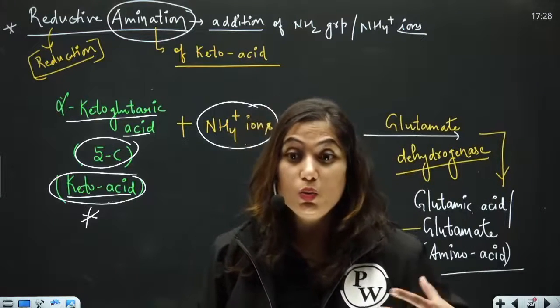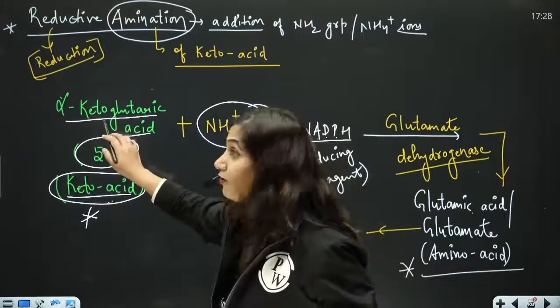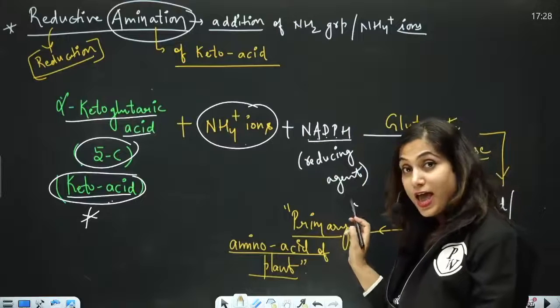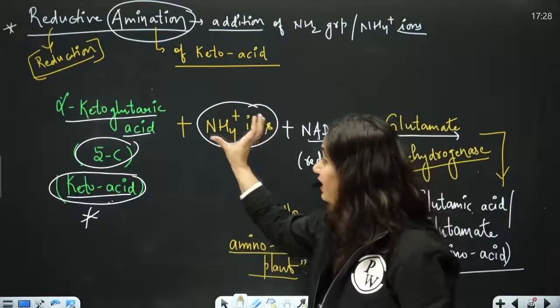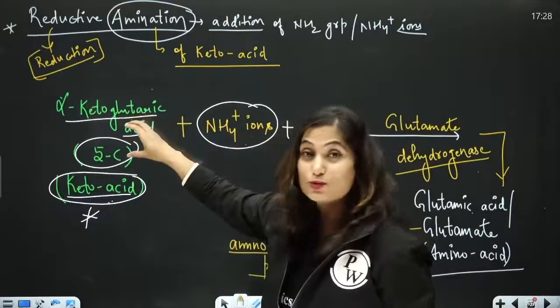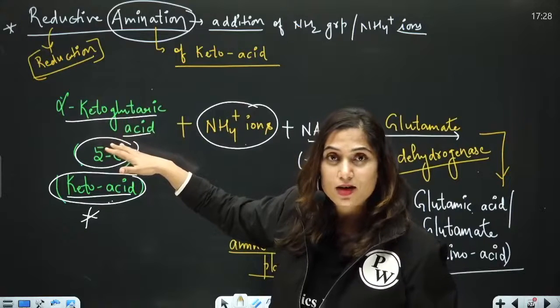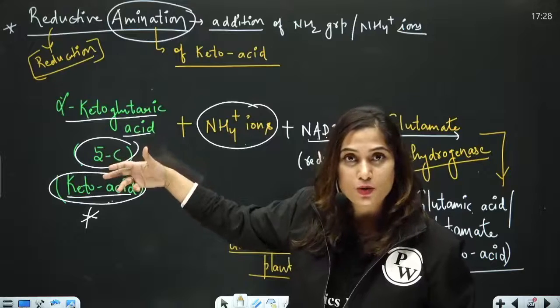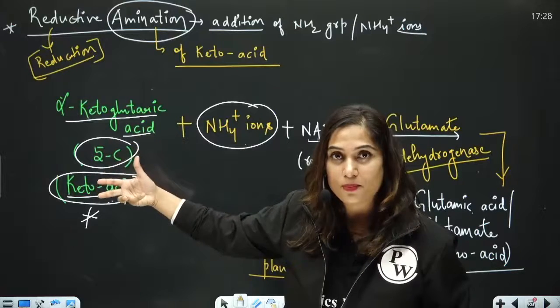So what actually are we doing with the keto acid? We are reducing the keto acid with the help of a reducing agent, and we are adding ammonia to it. So we are aminating. What is the meaning of amination? To add an amine group, to add ammonia to any compound.